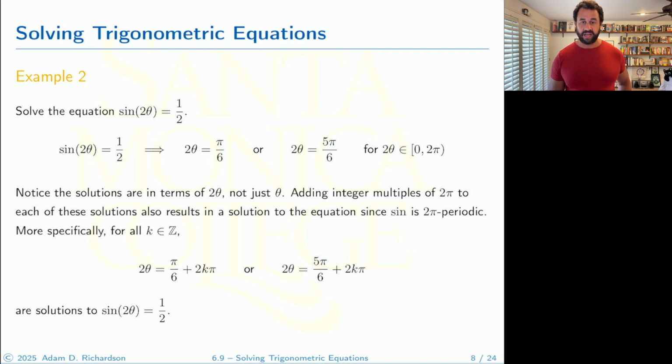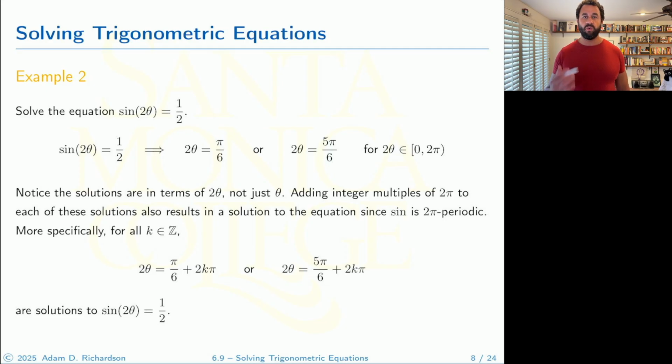So sine of 2 theta equaling 1/2 means that 2 theta equals pi over 6, or 2 theta equals 5 pi over 6, as long as the angle 2 theta is in the interval 0 to 2 pi. There's a reason for this. You're using the same argument we did with the inverse trig functions.